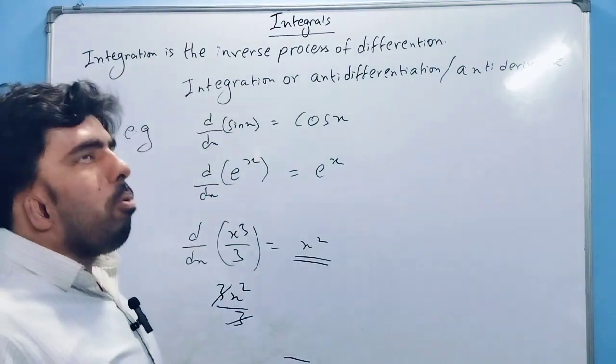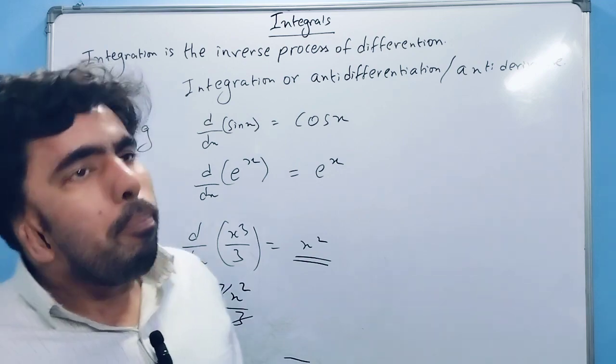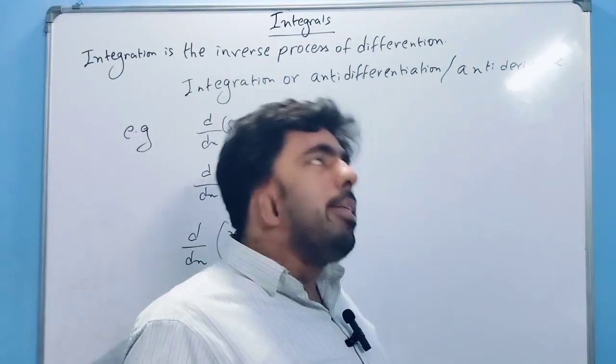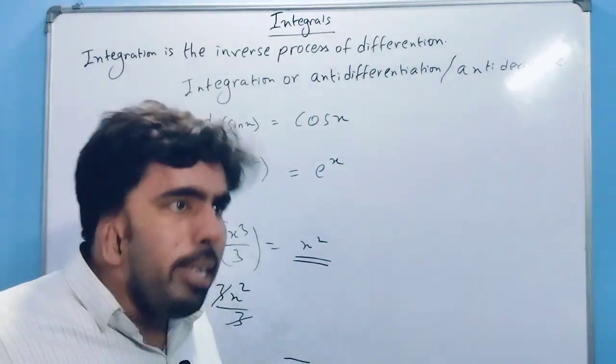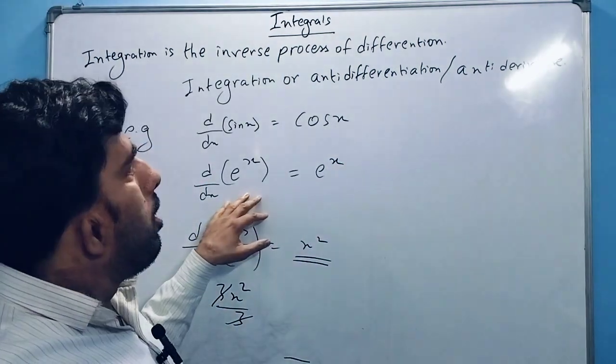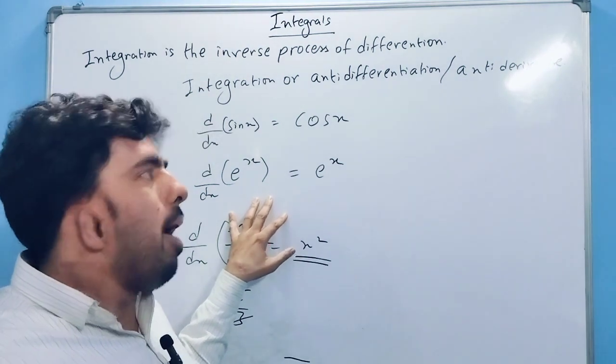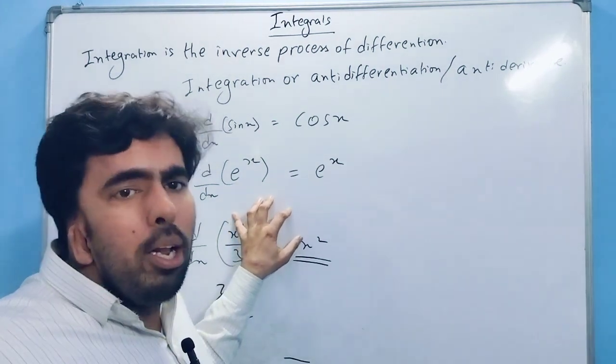Okay. So we'll now try to write some important formulas of antiderivative, or integration, with respect to the derivative, that is differentiation. Then we'll try to solve numericals on that.